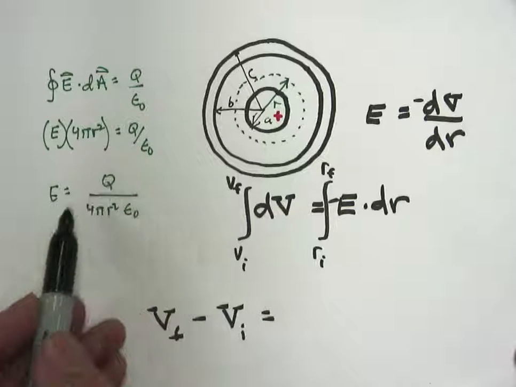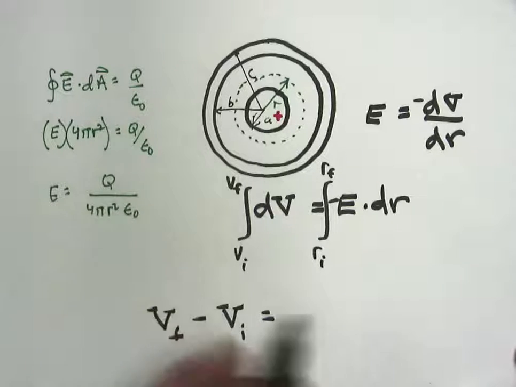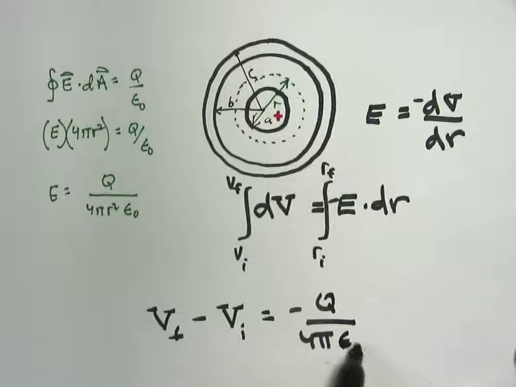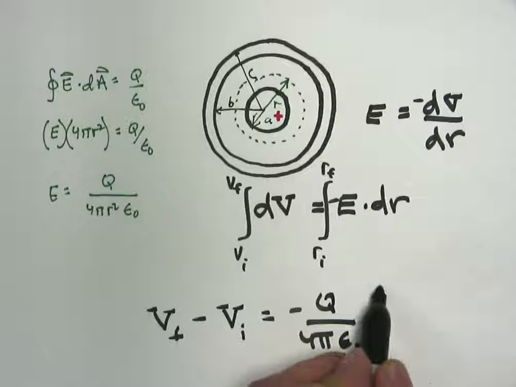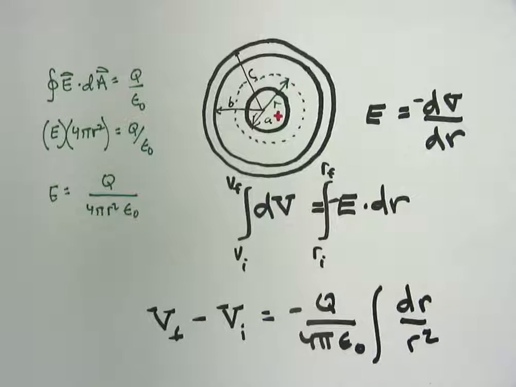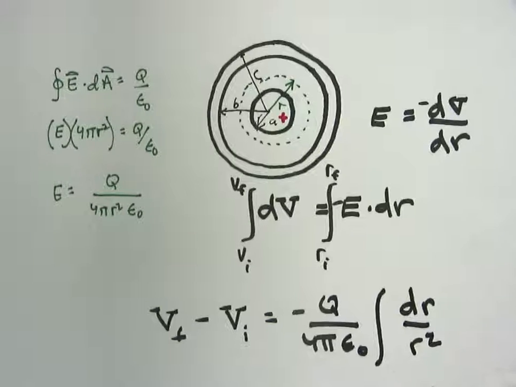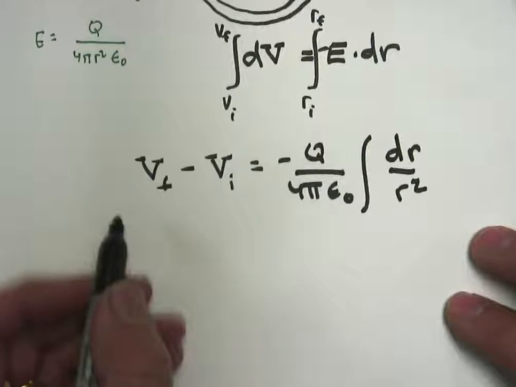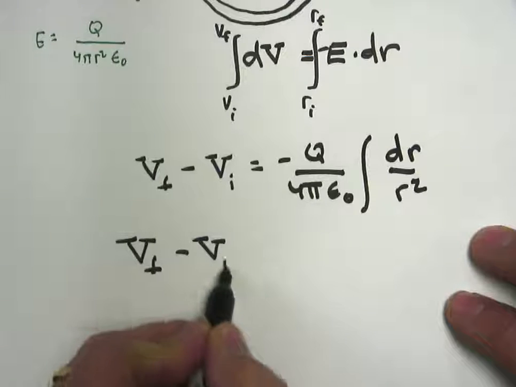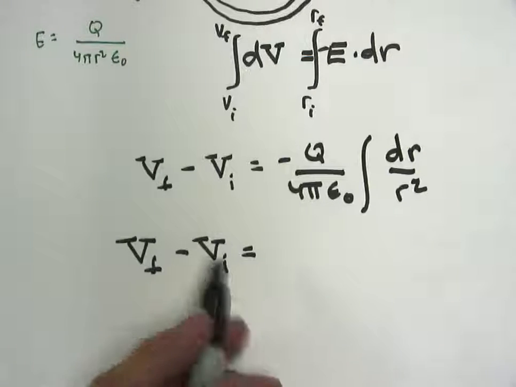This, by the way, is constant, constant, constant, constant, so I'm going to bring that out front. And now we can do our integration. And I'm going to continue to write our electrical potential difference that way.